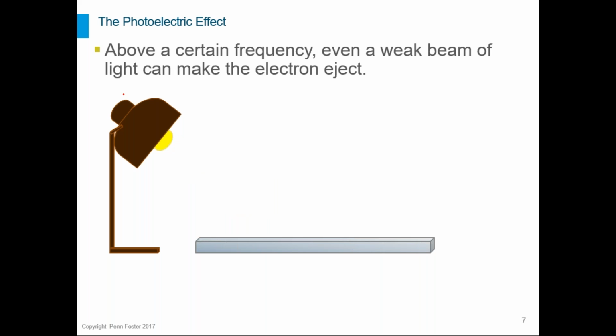And conversely, if we're using a high frequency, and a higher frequency means the rays of light are going to have more energy, at a high frequency, even a really weak beam of light will make the electron eject. So it's really weird that only the frequency matters. We can't just pile on more energy by having more light there and make it make a difference. And we could have barely any energy, seemingly, if we use a high frequency, but it still ejects that electron.